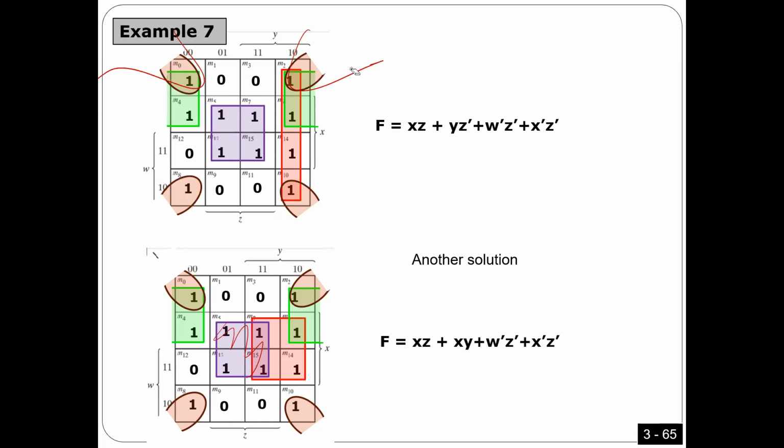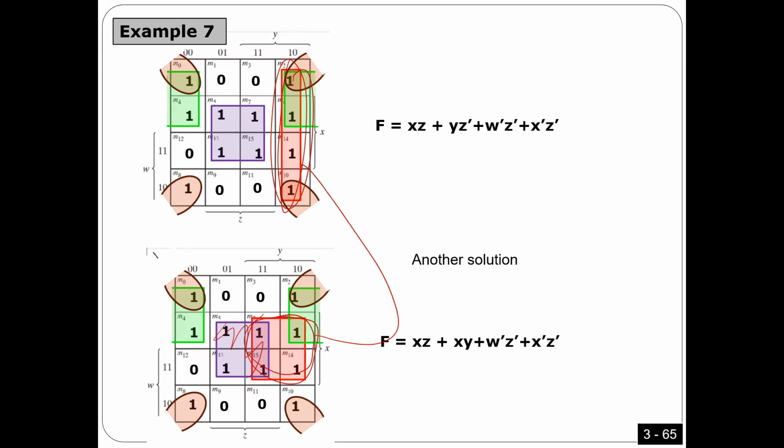So for the other terms here, for example, if I want to cover these 2 together, I can take these 4 together, or I can take these 4 together. They are going to give me the same simplification.